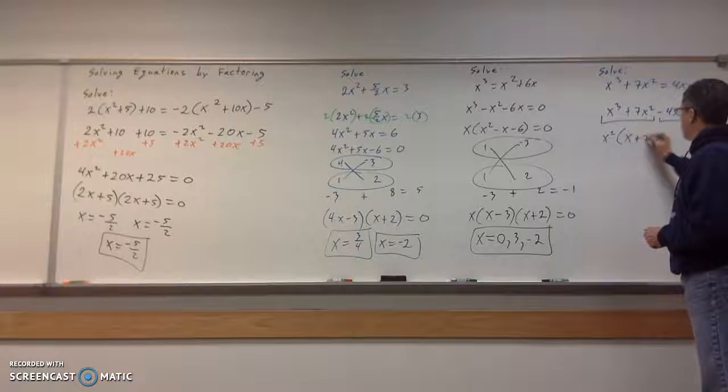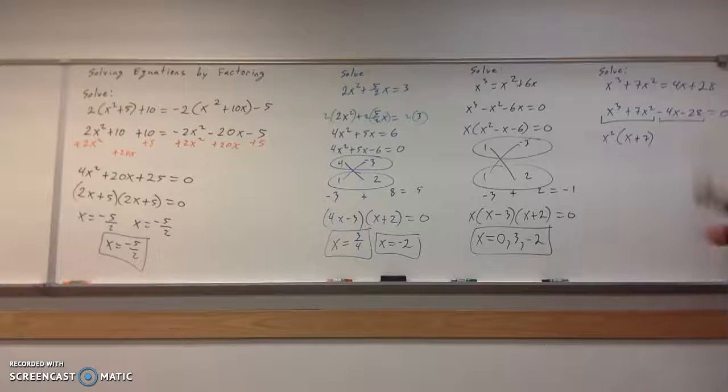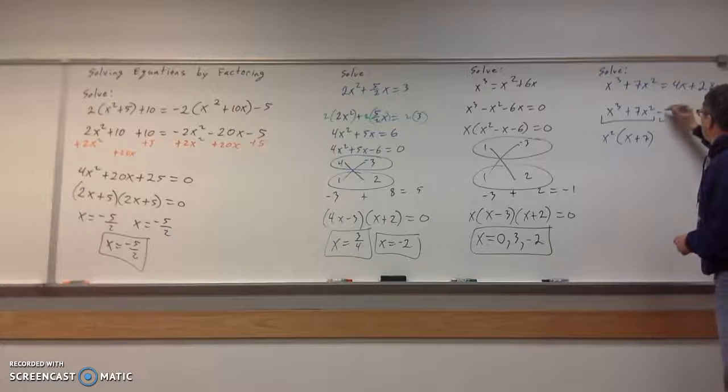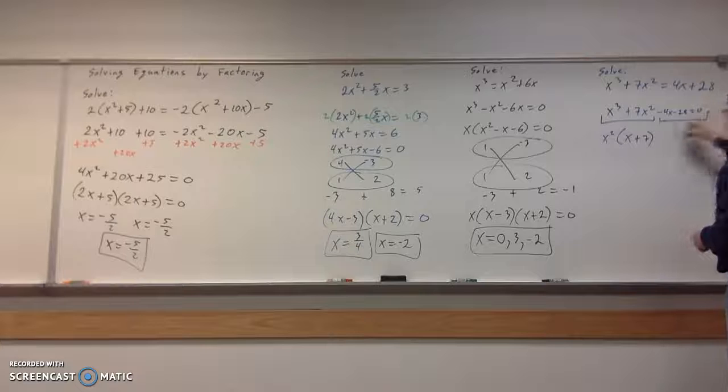x plus 7. Out of the last 2, if the third term is negative, I like to tell students this. Minus 4x minus 28. If the third term is negative, plan on factoring something negative out of the last 2 terms.